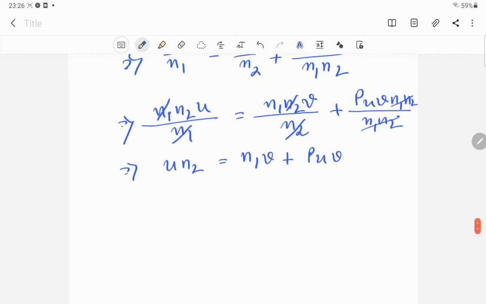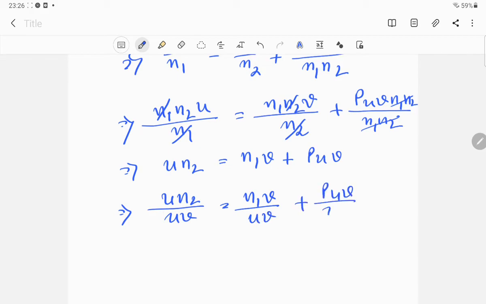Again I will divide both sides by uv. So u n2 by uv equals n1 v by uv plus puv by uv. So what remains? v goes, u goes.